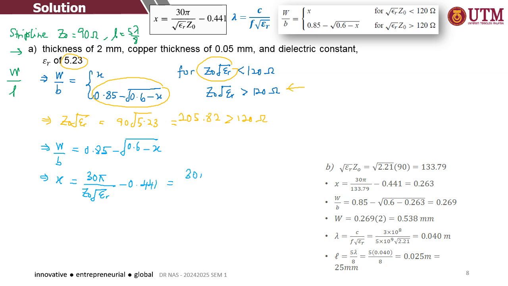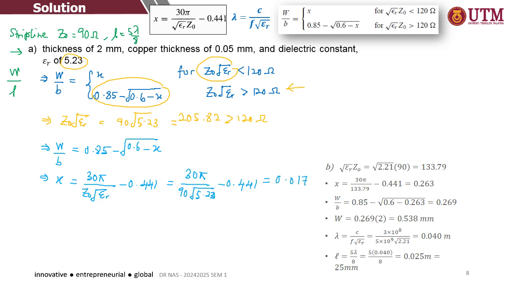So 30 pi divided by Z0 is 90, epsilon R is 5.23 in this case, minus 0.441.